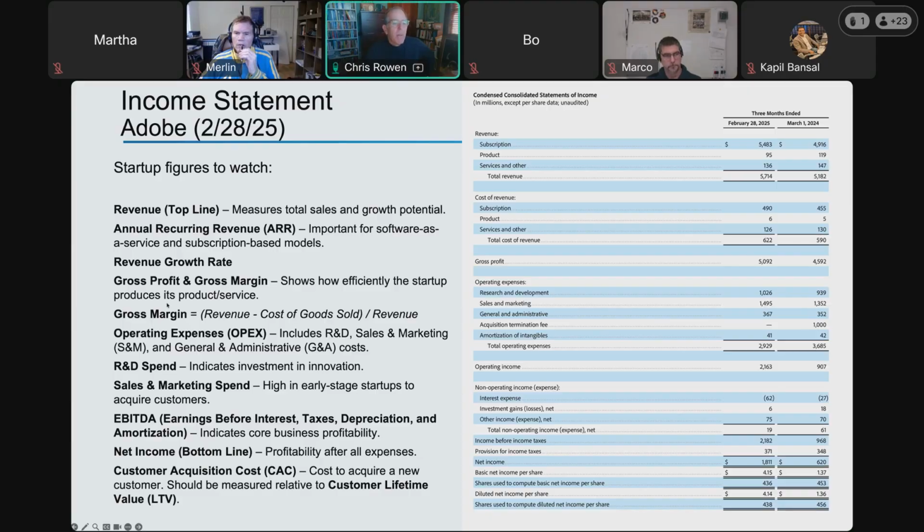People care a lot about revenue growth rate. And you might see that companies are valued, both public and private, in the tech space, almost more on their revenue growth rate than on their profitability. Because revenue growth says differentiation.